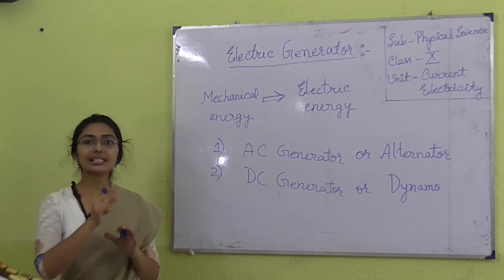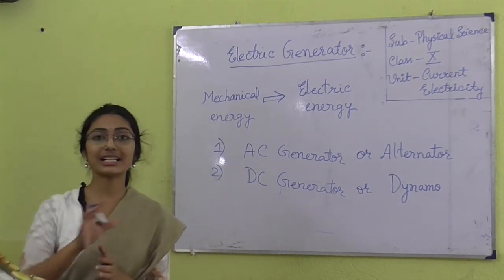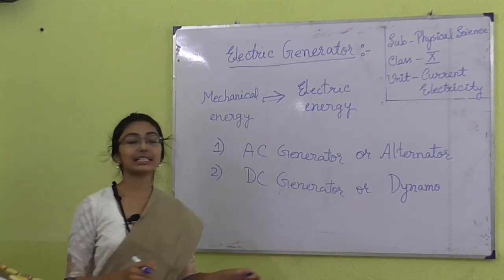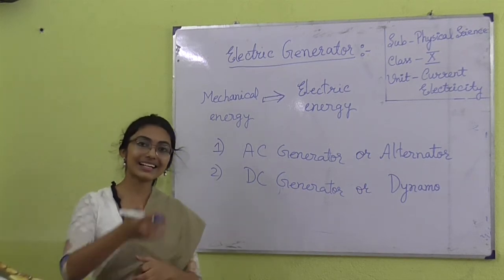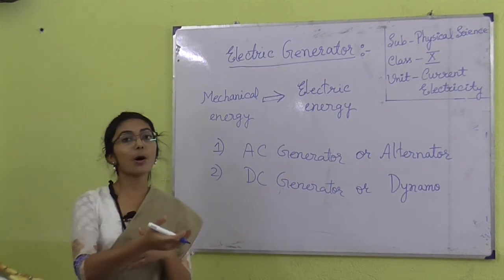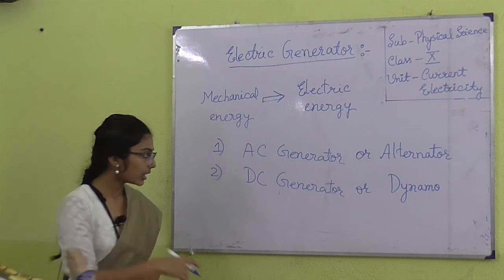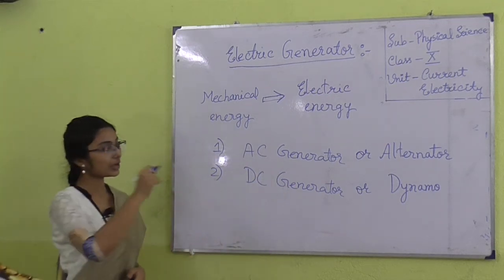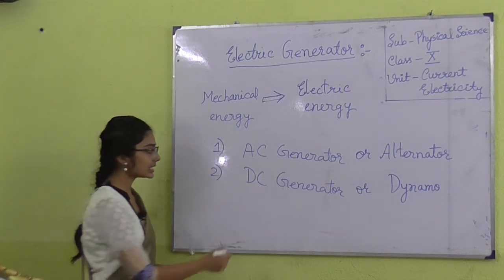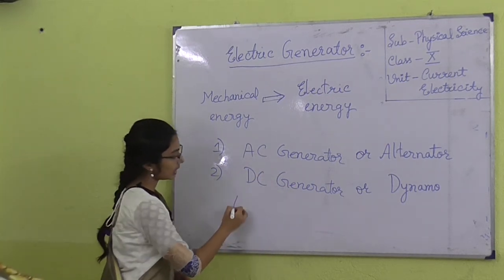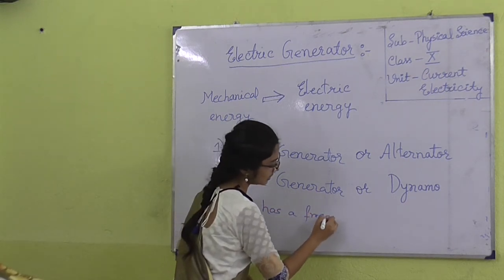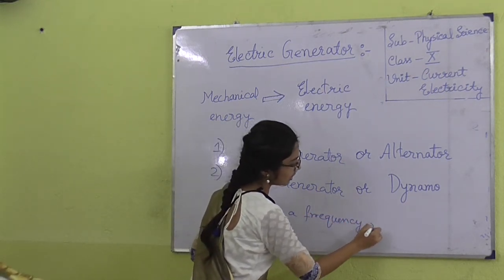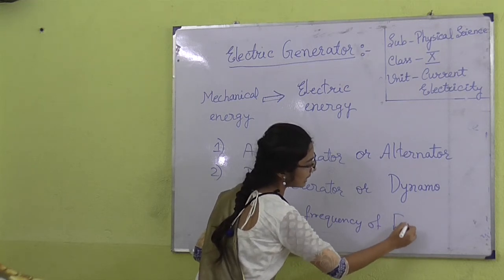This EMF is a difference between the two terminals of the coil. You have seen in your book a picture of an AC generator where ABCD, a rectangular coil, is present and is rotating, reversing its direction. Due to this reversing direction, there is a frequency. Suppose the AC has a frequency of 50 Hertz.